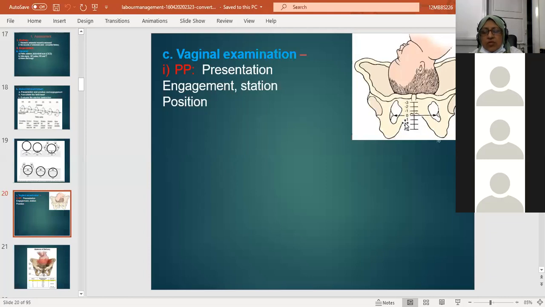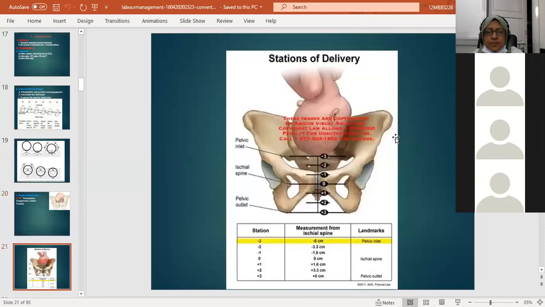If it is downward, it is a -2 station or -1 station, then 0 station, then plus 1, still downward plus 2, still downward plus 3, which means it is at the perineum.